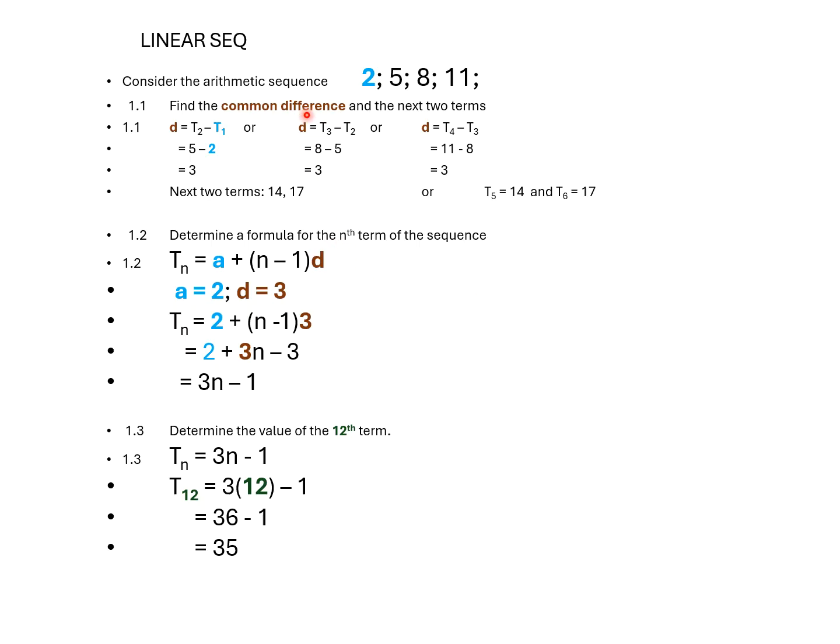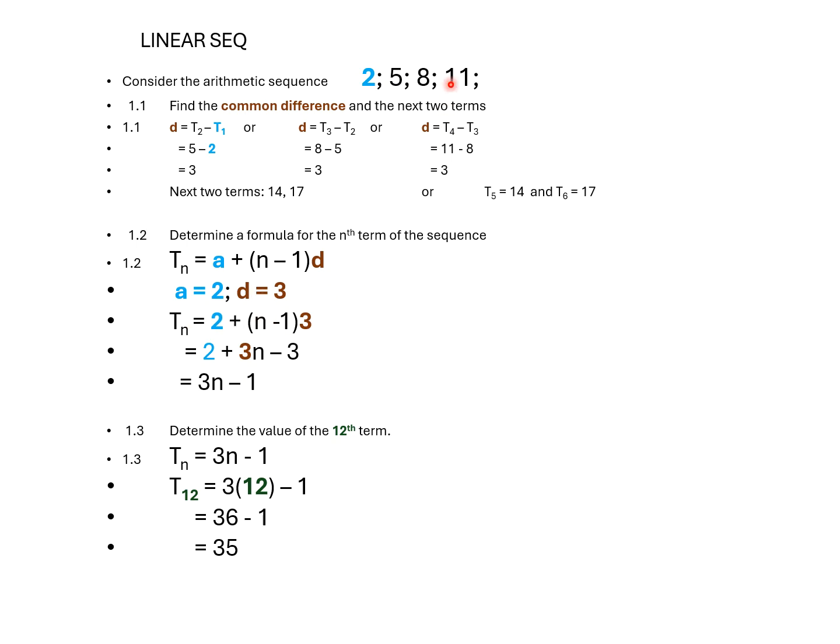With an arithmetic sequence, we will generally ask you to determine a formula for the nth term of the sequence. Also sometimes you specify the general term of the sequence. The formula we use: Tn equals a plus n minus 1 times d. Take note there are many formulas, but I'm sticking to this one because a lot of the word problems will use it.